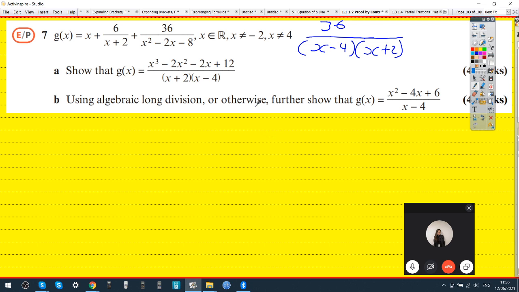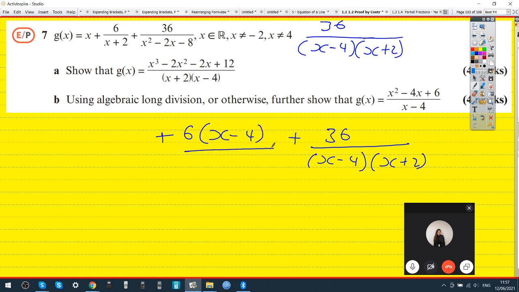And then you want to multiply the top right by x plus 2. So it becomes like 36 times x plus 2. That already has x plus 2 in its denominator, so you only need to do the left. You do x minus 4 multiplied by it. The middle, you have 6 multiplied by x minus 4, and then x plus 2 multiplied by x minus 4.